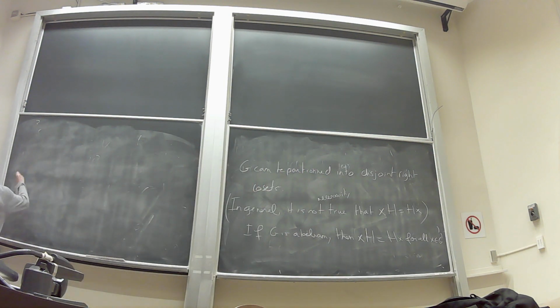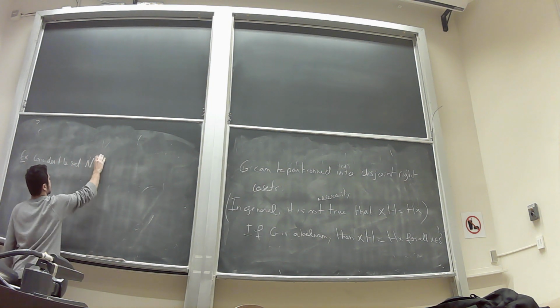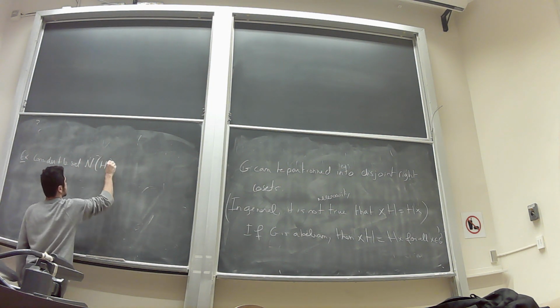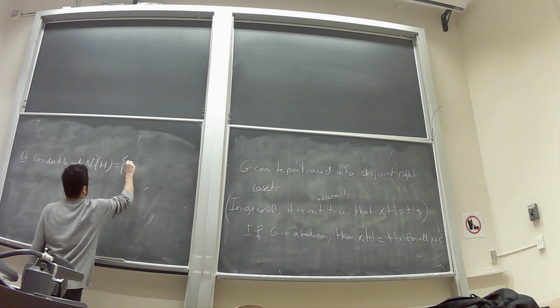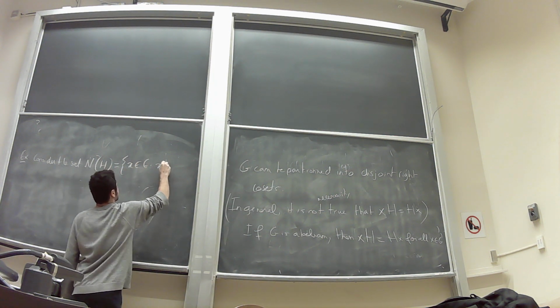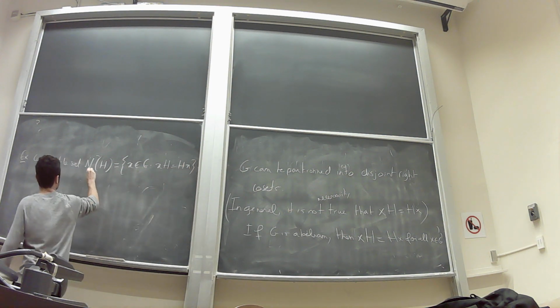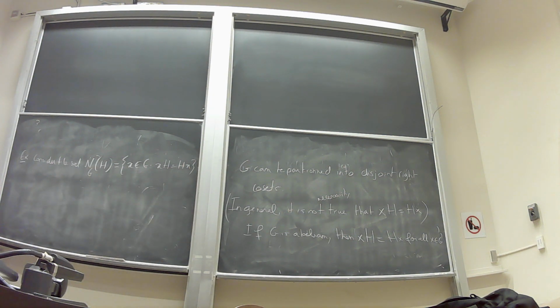Now, there is a small exercise. Consider the set N(H), the set of x in G such that xH is equal to Hx. Usually we call it N_G(H).